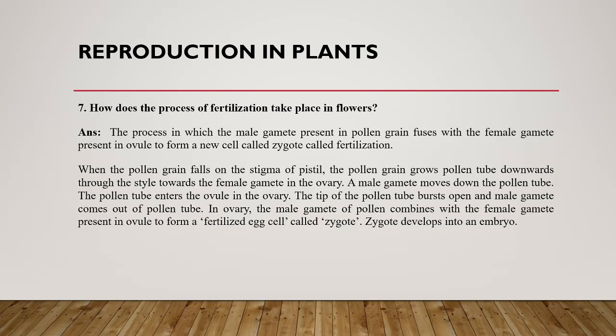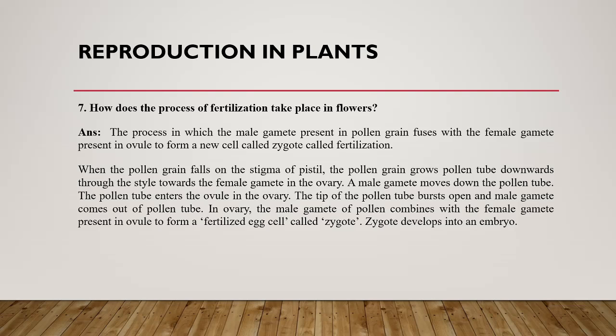So fertilization is the process of union of the male gamete present in the pollen grain and the female gamete present in the ovule. They unite with one another and form a new cell known as the zygote.